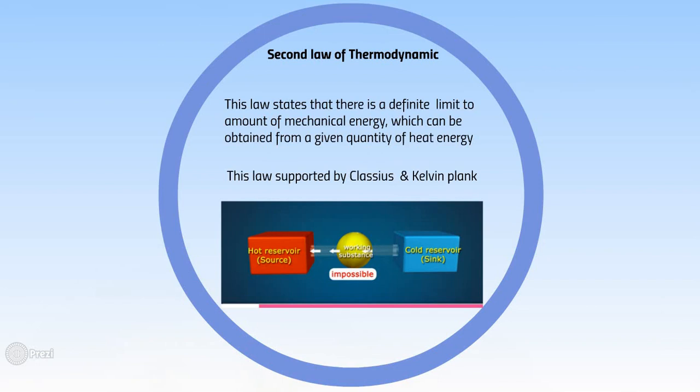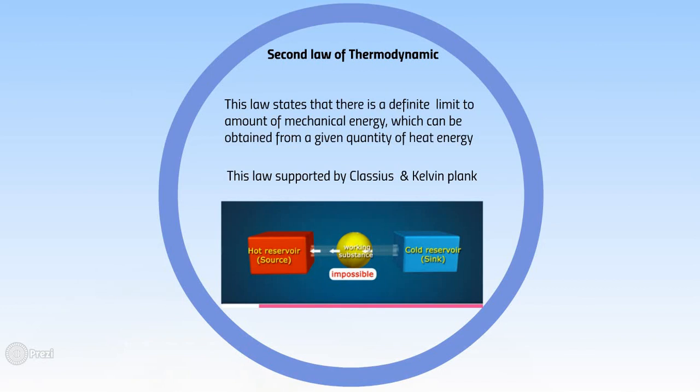According to Clausius, this law may be stated as: it is impossible for a self-acting machine working in a cyclic process to transfer heat from a body at a lower temperature to a body at a higher temperature without the aid of an external agency or external work. The second law has also been stated by Kelvin-Planck.